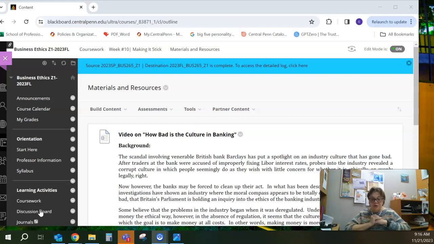Understand the difference between reactive and proactive ethical policies. Hopefully your code of ethics, your ethical policies, are established so that you're always on the proactive end, but you never know when you're going to need to be reactive.